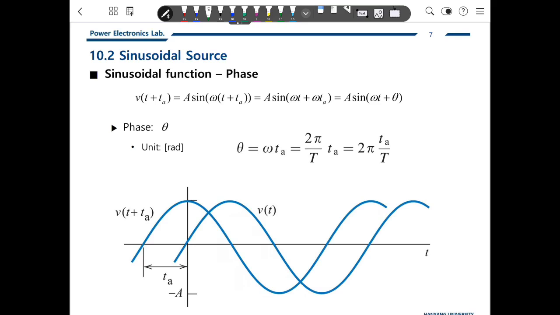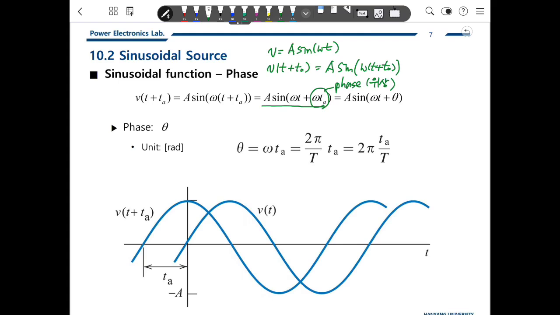So this is an example here. For example, V is A sine omega t, then with t plus t0 it is A sine omega (t plus t0). So it will be written in this way. This we call phase, not phasor. This is phase, in Korean 위상.